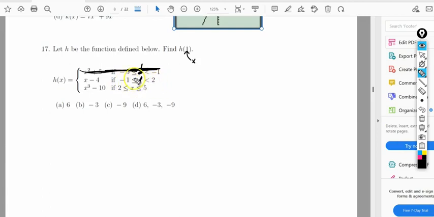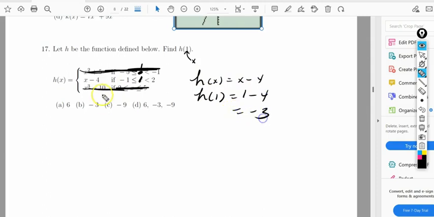It lives in here, and even with the equal sign, -1 is less than or equal to 1, which is strictly less than 2. And 1 doesn't live in here. So the formula that we're using is x minus 4. And so h evaluated at 1 is going to be 1 minus 4, which is -3. And so the answer to that one is B.